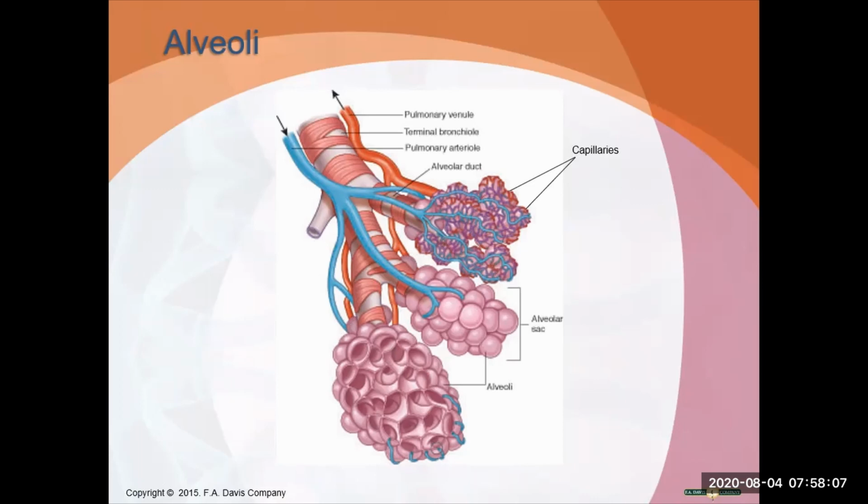Without surfactant, surface tension restricts alveolar expansion during inspiration and causes alveolar collapse during expiration. That's why neonates often develop respiratory distress syndrome and require administration of artificial surfactant.